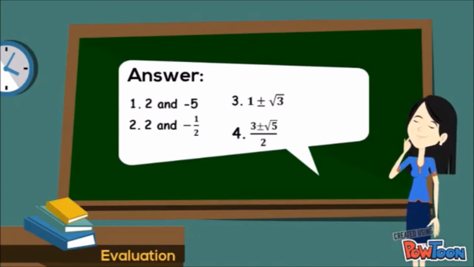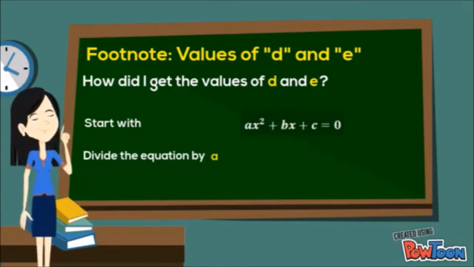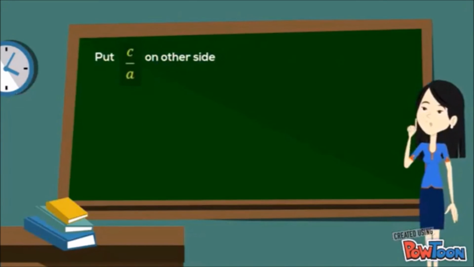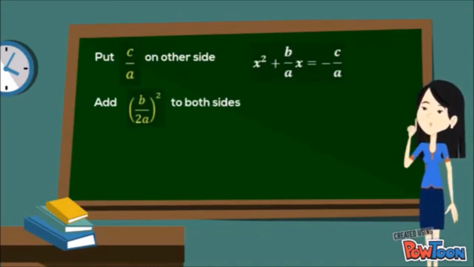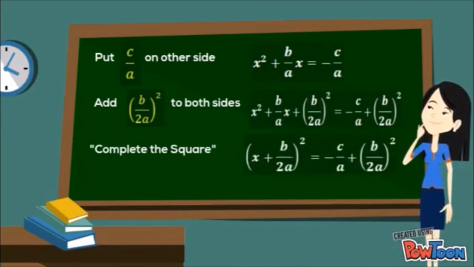How did I get the values of D and E? Start with the equation and divide it by A. Put C over A on the other side. Add the quantity of B over 2A squared to both sides. Complete the square.